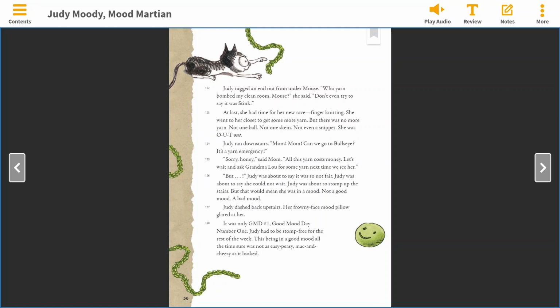Her frowny face mood pillow glared at her. It was only GMD number 1. Good mood day number 1. Judy had to be stomp free for the rest of the week. This being in a good mood all the time sure was not as easy peasy, mac and cheesy as it looked.